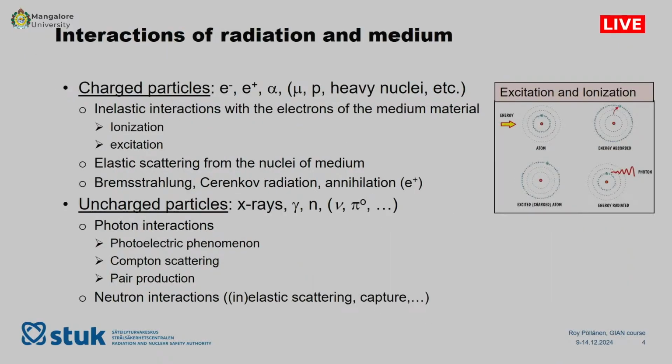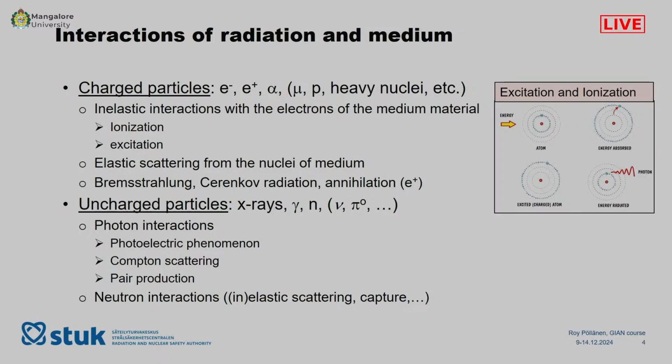There are a lot of charged particles, of course: electrons, positrons, alphas, muons, protons, heavy nuclei, etc. They have different interactions, inelastic interactions with electrons. This is very vital to understand. It's an interaction with electrons of the medium material.